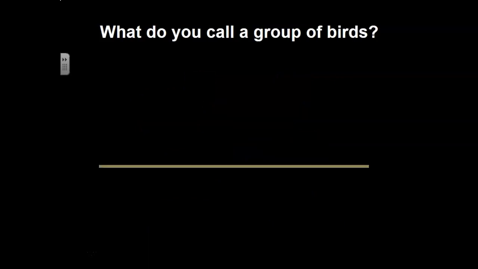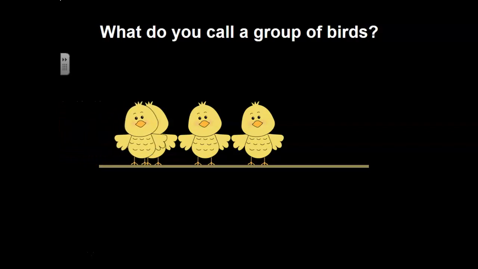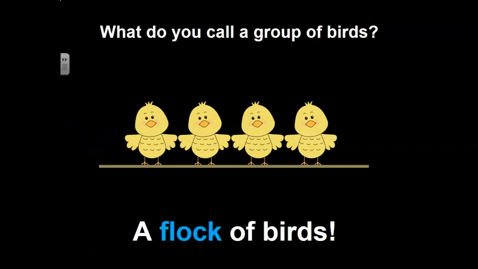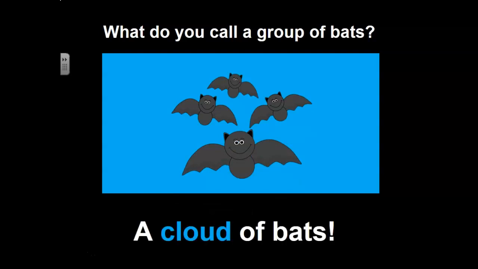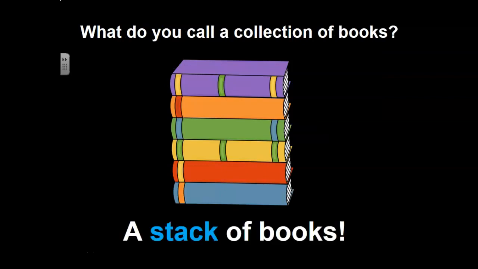What do you call a group of birds? A flock of birds. What do you call a group of bats? A cloud of bats. What do you call a collection of books?